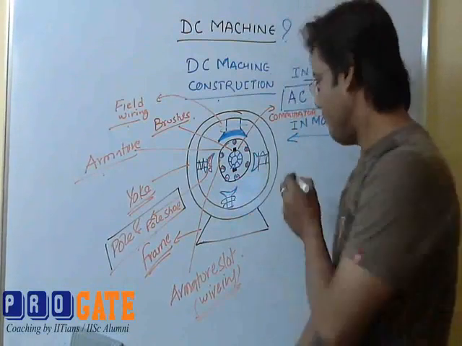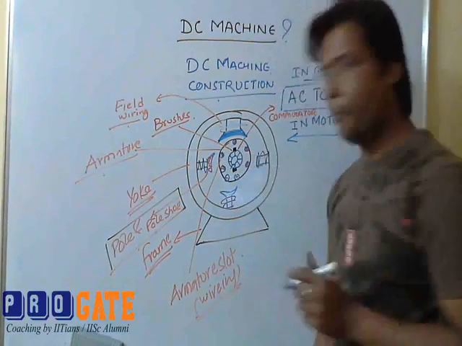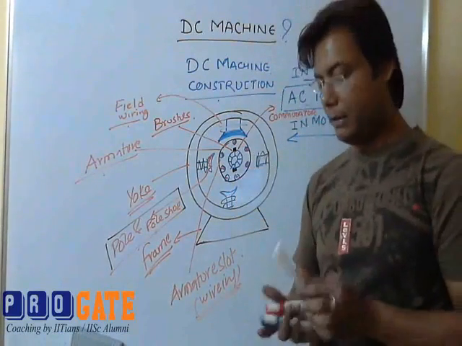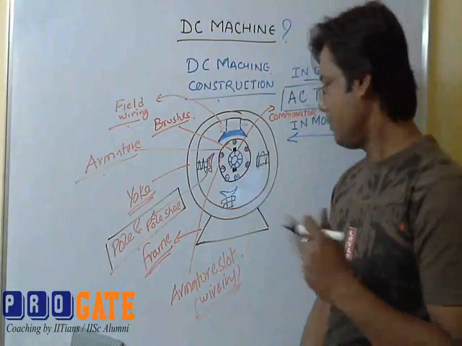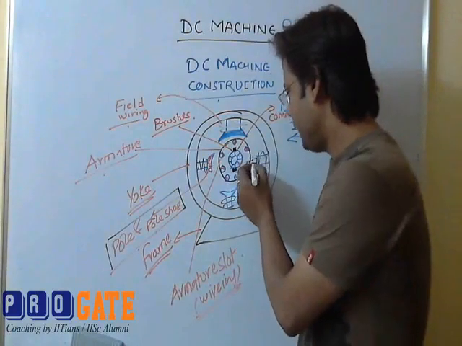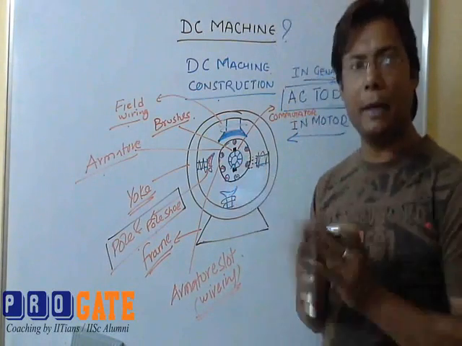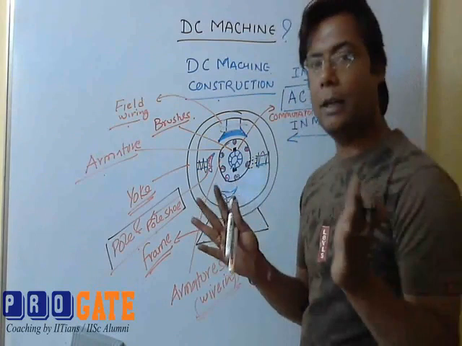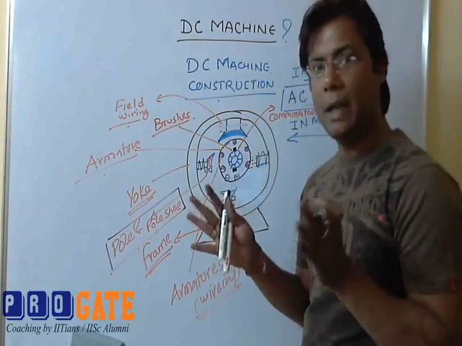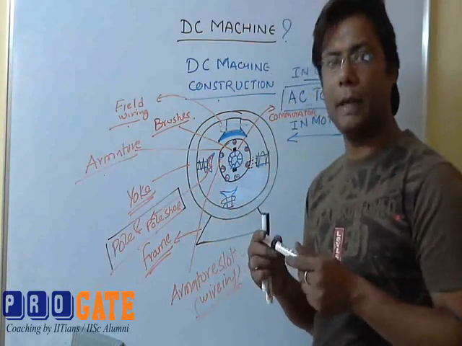Another thing done by the pole shoe is this. If I have a pole like this, the field of the pole will be somewhat like this, which is not desirable. I want the field to spread so that the conductors have the proper magnetic field when they are cutting it.